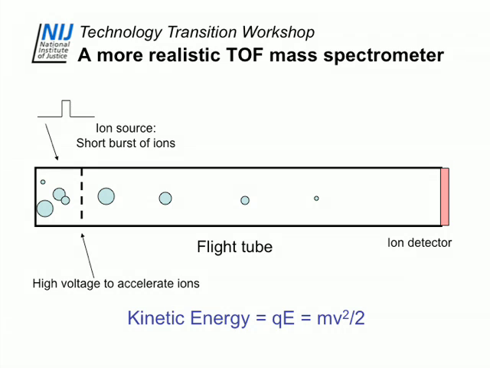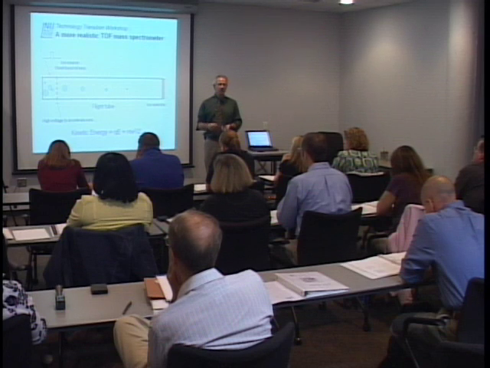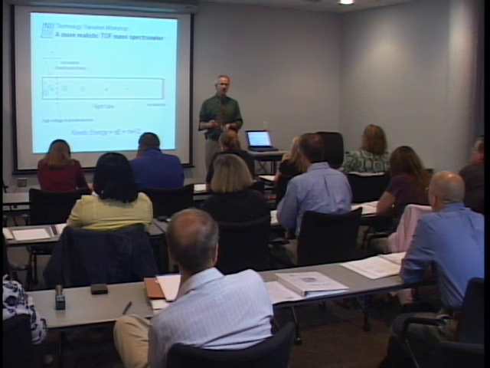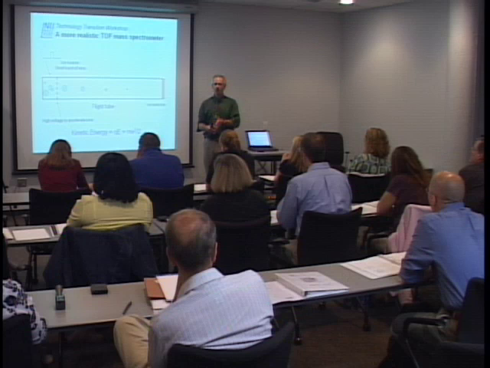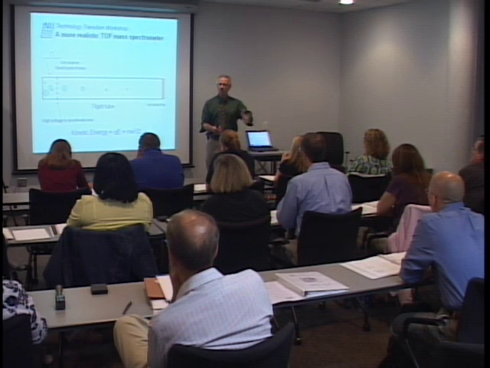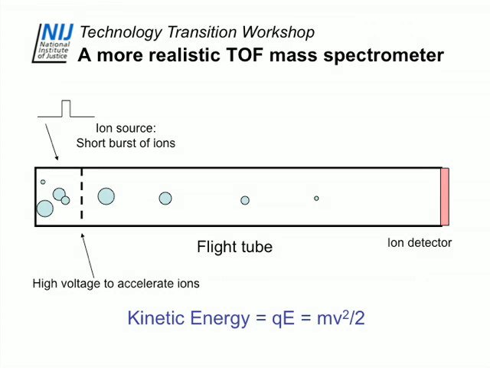More realistic time of flight is like this. Here you've got a vacuum flight tube, and you've got an ion source at the beginning, and usually you have a burst of ions either from a laser desorption pulse, or you form the ions some other way and you open a gate momentarily just to let a burst of ions into the flight tube. The ions are accelerated across a potential difference, say from 0 to several kilovolts there, and so they're all given the same kinetic energy.